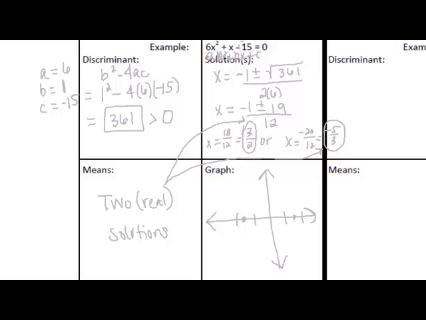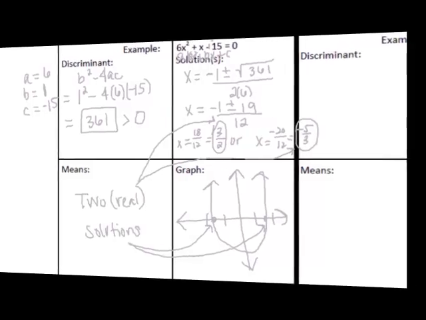Those are the 2 points where the graph is crossing the x-axis, and we can roughly sketch our parabola. So again, on the graph we can see these 2 real solutions as the x-intercepts. If we have 2 real solutions, it's the 2 points where our graph crosses the x-axis, and when we solve using the quadratic formula, we should end up with 2 real solutions.